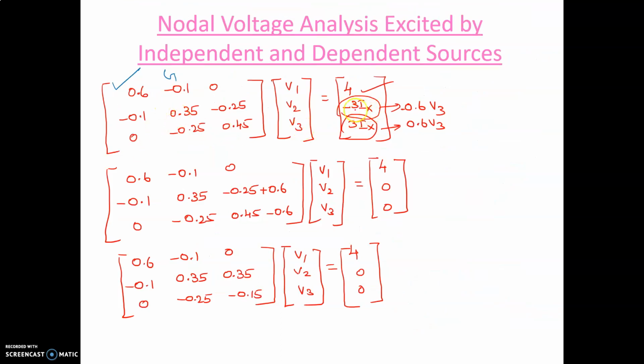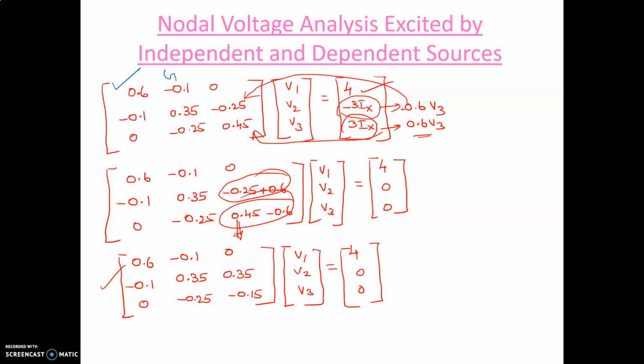So replacing 3 Ix with 0.6 V3. Here we have got a minus sign, so this is minus 0.6 V3. The coefficient of V3 has to be brought to the left hand side. So the equation looks like this, and the simplified version will look like this.